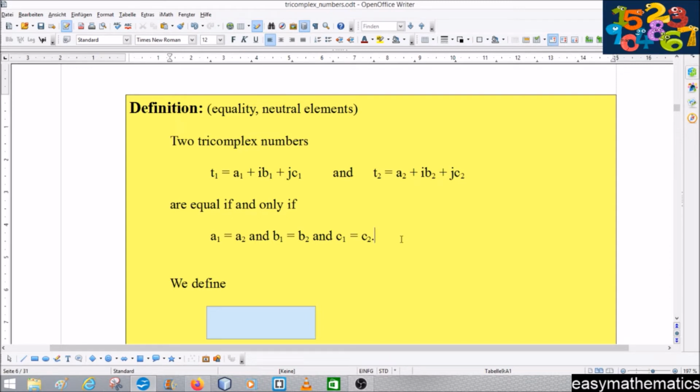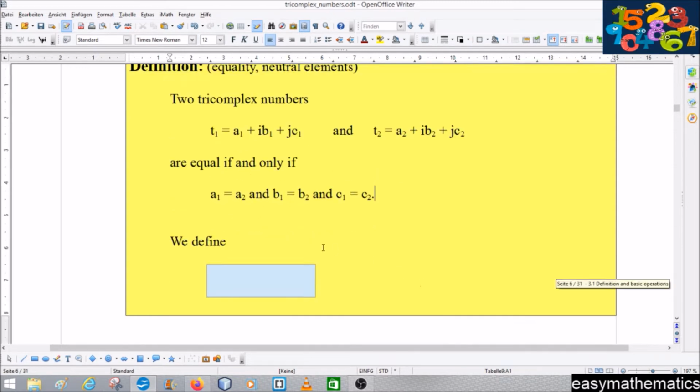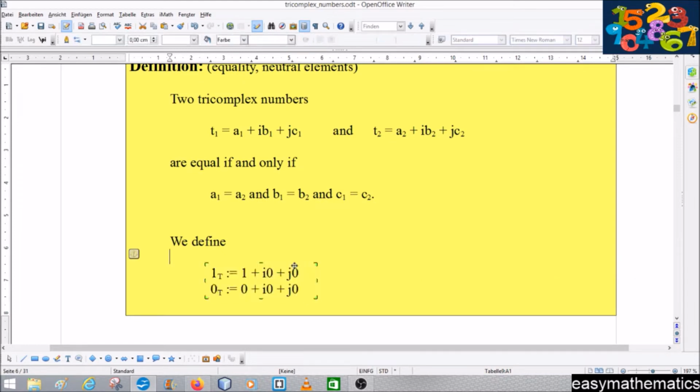This makes sense, and we can define the neutral element of multiplication, so the 1 of tricomplex numbers is 1 plus I times 0 plus j times 0, and the neutral element of addition, the 0 tricomplex, is 0 plus I times 0 plus j times 0. Alright?